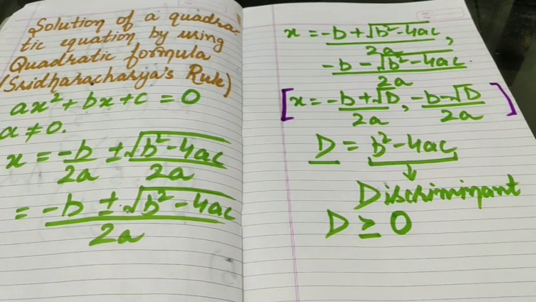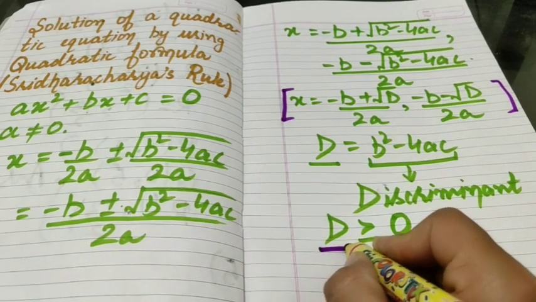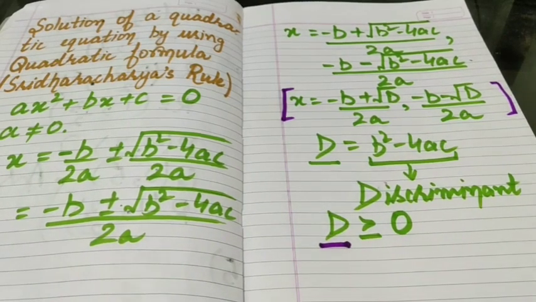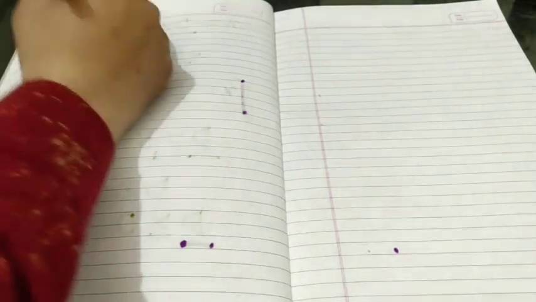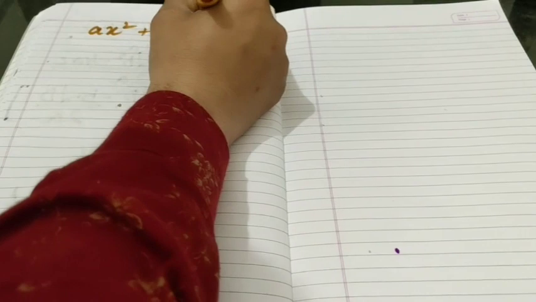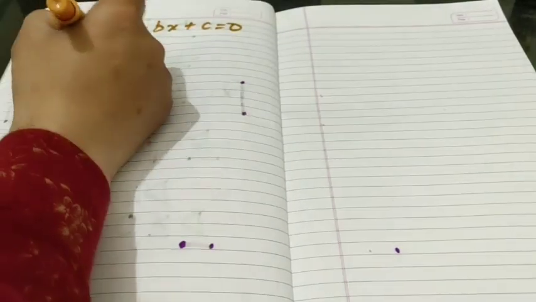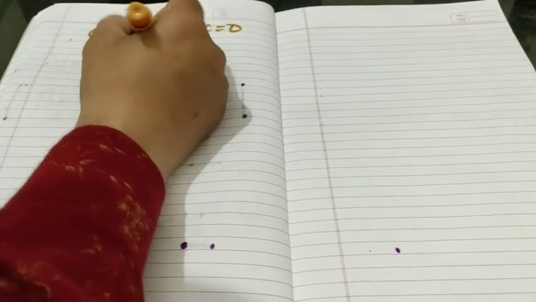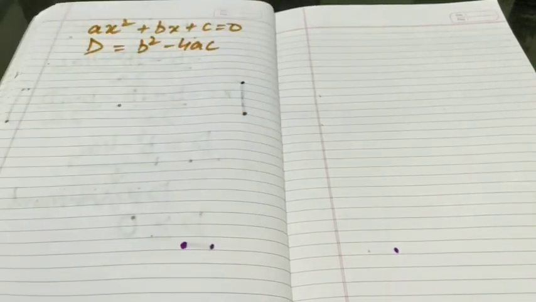By using the quadratic formula, we can find the solution of a quadratic equation, or we may use the words, we can find the roots of a quadratic equation. And here the value of the discriminant, which is D, describes one more thing, that is the nature of the roots. For the quadratic equation ax square plus bx plus c equals to 0, we know that discriminant equals to b square minus 4ac.